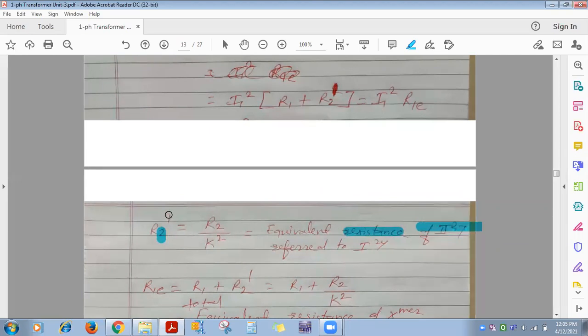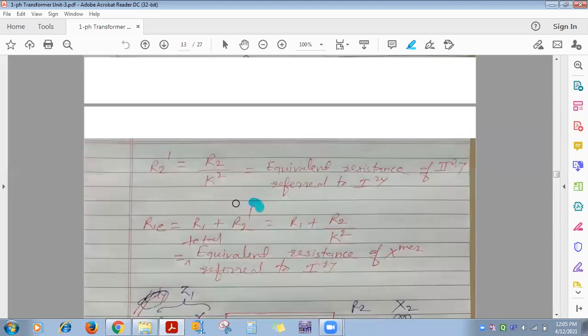Then dash suffix means it has been transferred, so obviously where will it be transferred? To primary. It is referred to primary, and it is called the equivalent resistance of secondary referred to primary, which is the transferred one. Already the primary has R1 resistance, so the addition of these two will be the total equivalent resistance of the transformer referred to primary. As it is referred to primary, the suffix is 1, and because it is equivalent, the suffix is e.